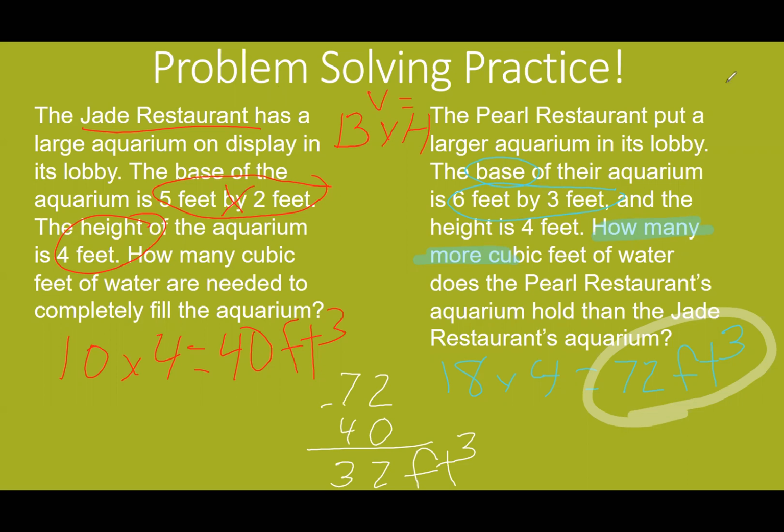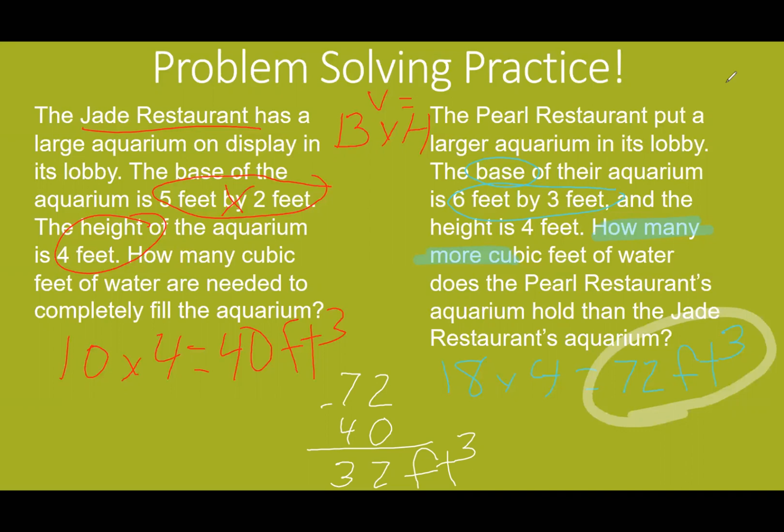If you got that question right, kiss your brain. If you didn't quite get there, you need to go back and remind yourself how to get there next time. Did you make the mistake and not subtract? Or did you make a mistake with your computations? Did you forget how to multiply length times width times height?